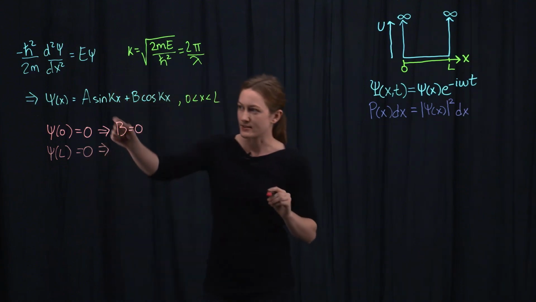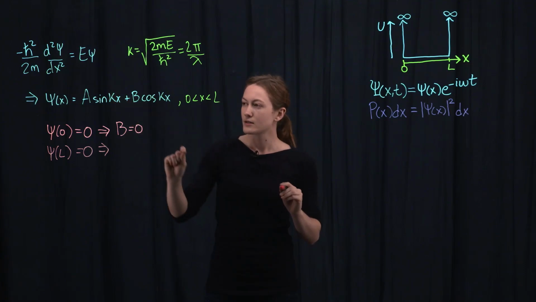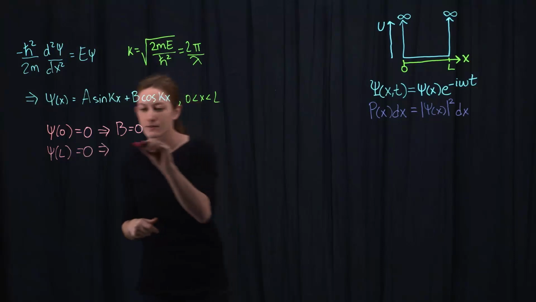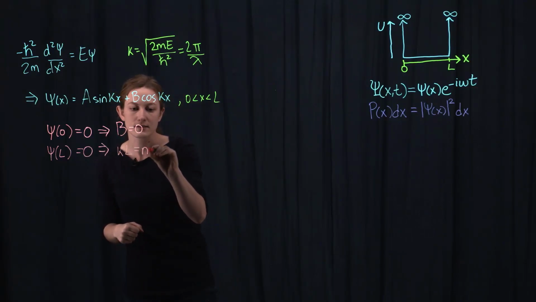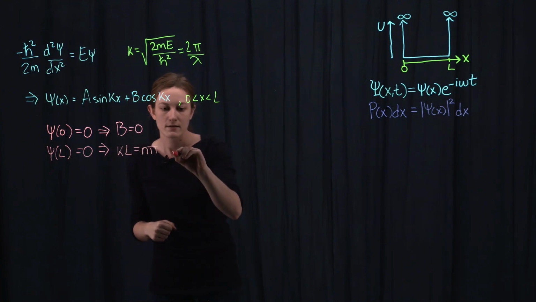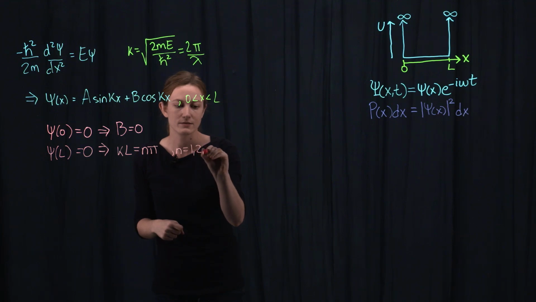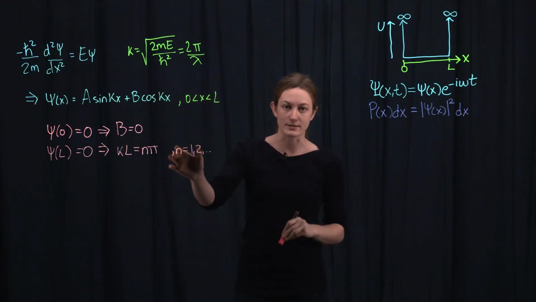And what this says is that sine kL equals 0. So the argument of the sine has to be an integer multiple of pi. So we'll write that kL equals n pi for n a positive integer, 1, 2, ... Importantly, n can't be 0, n is greater than 0.